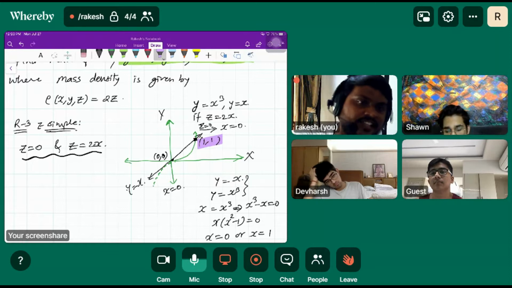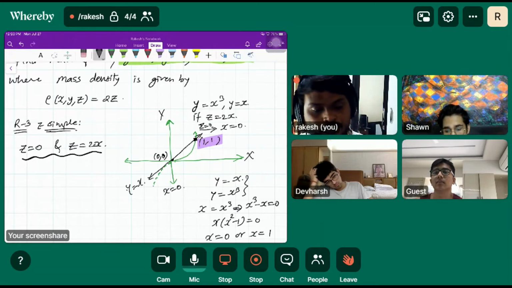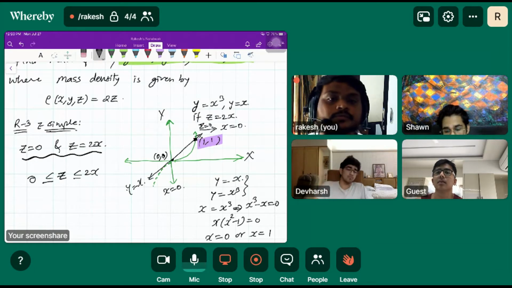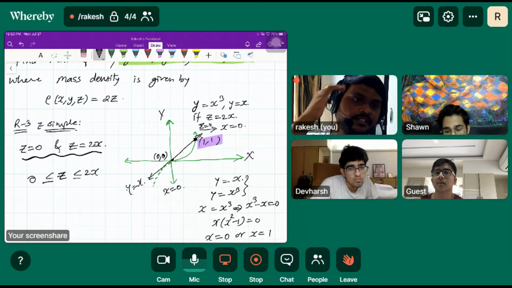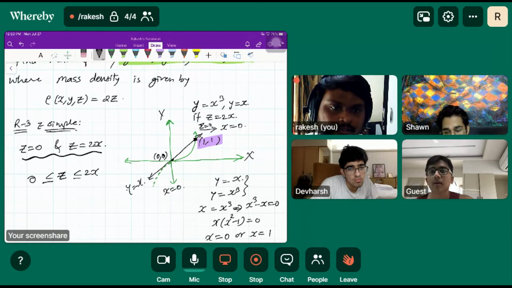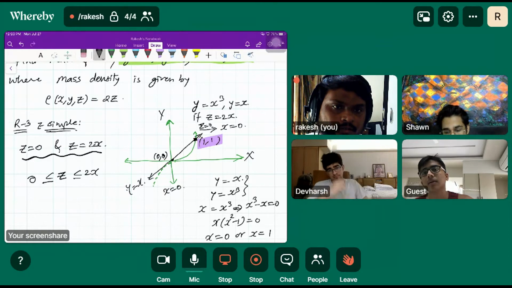For the defined region on R2, the limit of z is... this sketch is okay, right? The whole object T? The sketch, yeah. Over here, y is equal to x cube.